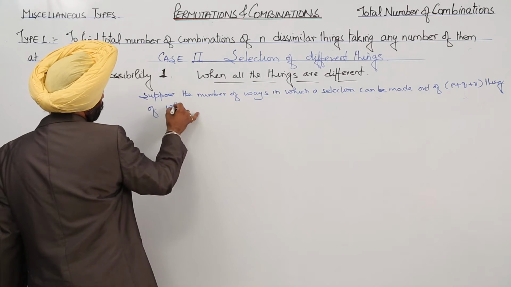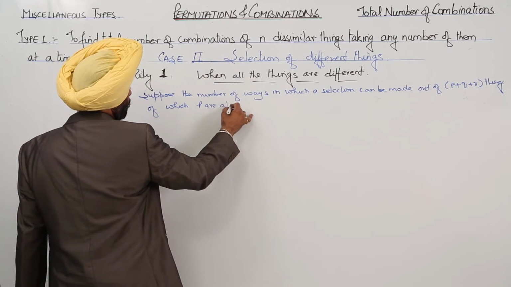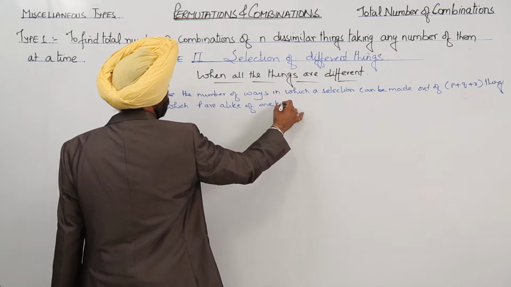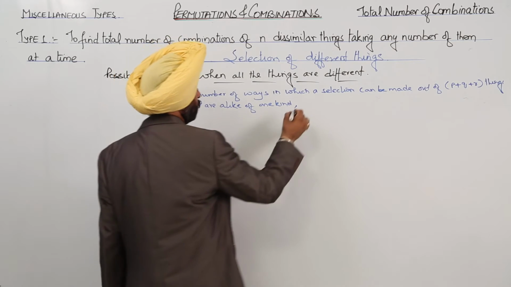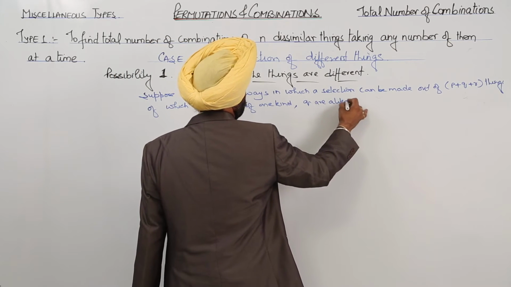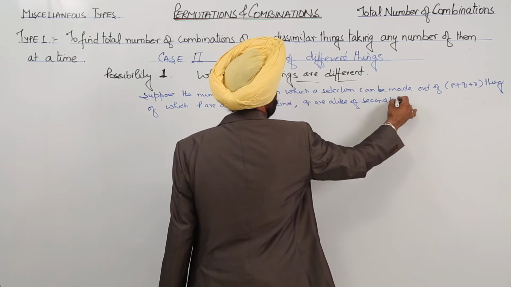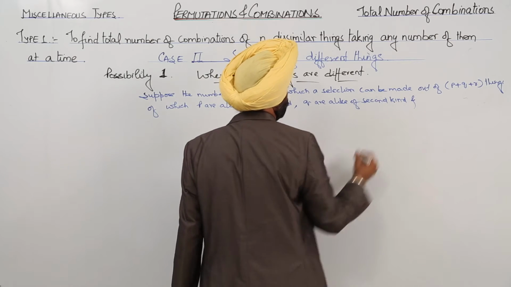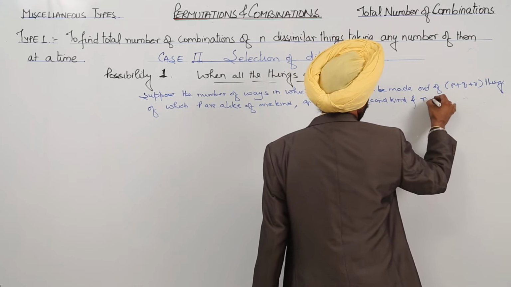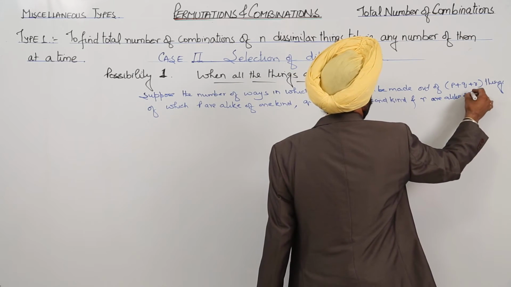of which P are alike of one kind, Q are alike of second kind, and R are alike of third kind.